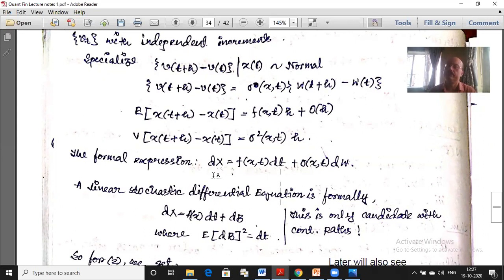So this is what we have done and why we have done this. Is this clear so far? Or is there something which is not quite right?